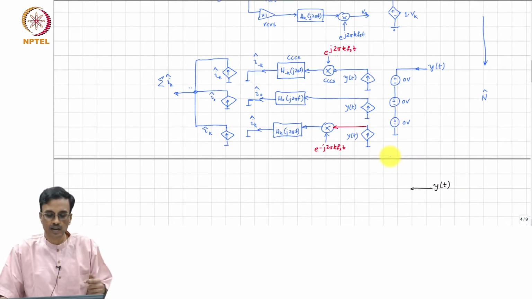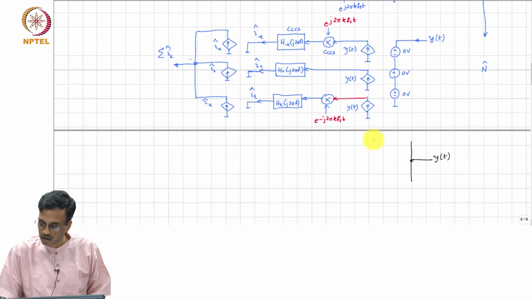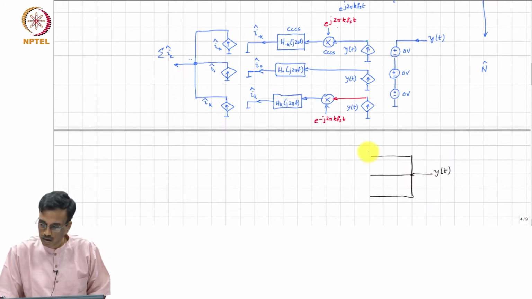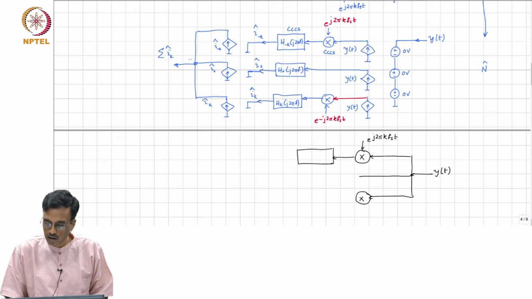The same y of t is getting multiplied by e to the plus j 2 pi k Fs times t, and this goes through a gain which is h minus k of j 2 pi f.